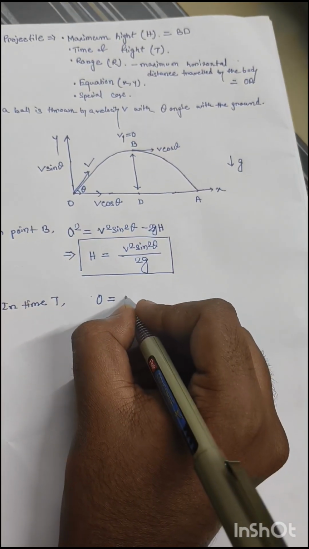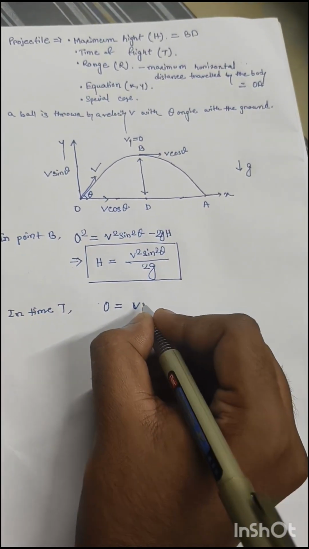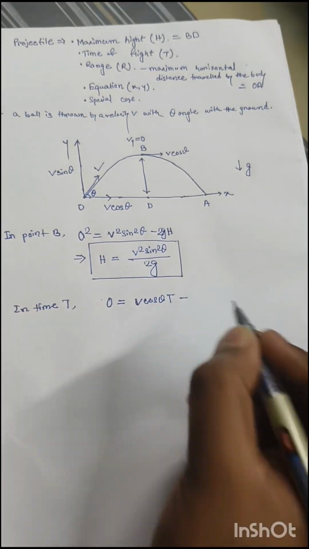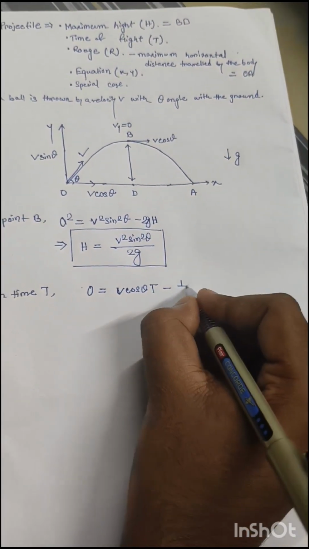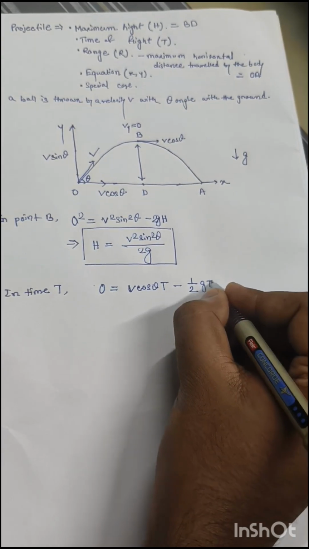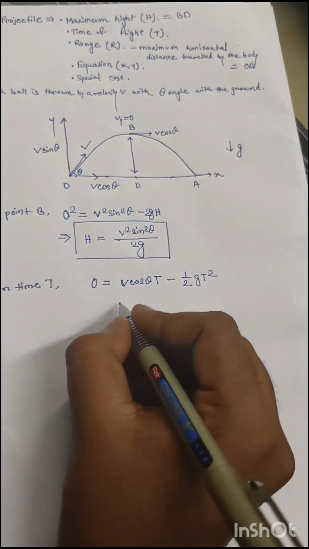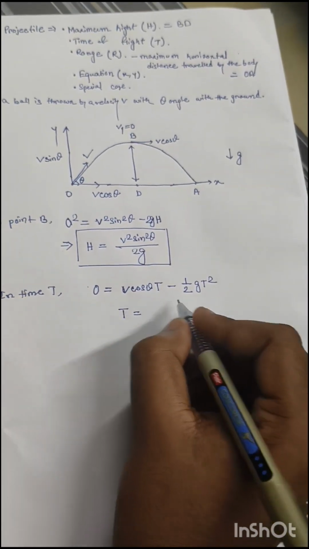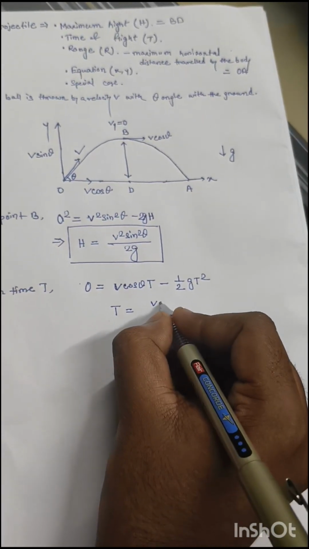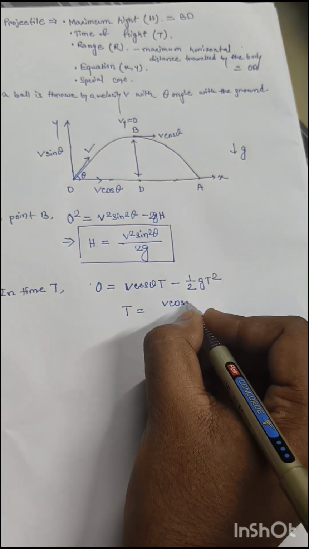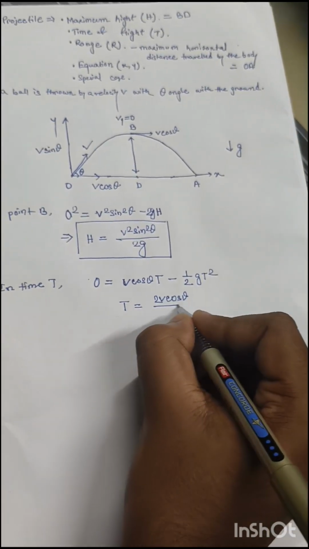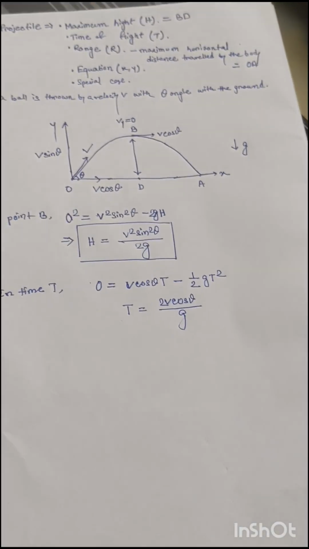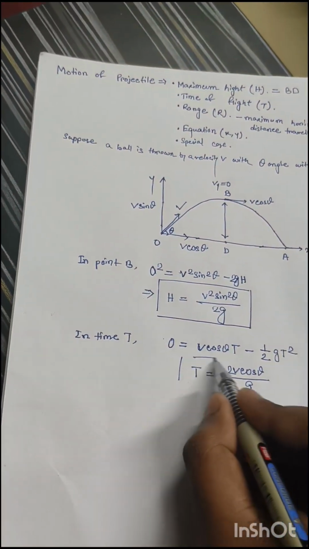Equal to 0 means v sin theta t minus half g into t square. From there we calculate t equal to 2v sin theta by g. Simple calculation.